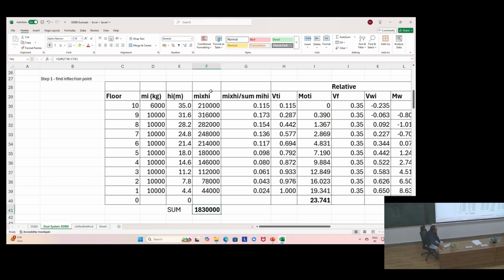Yes. Then we have to find a few things that we'll get to, but for that, you need the ratio of the product of the ith mass and height to the sum.